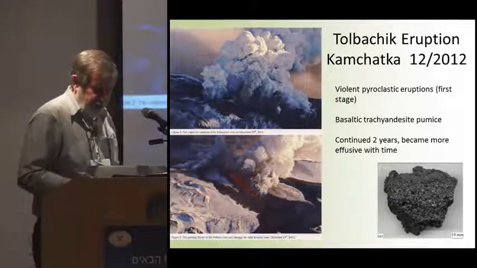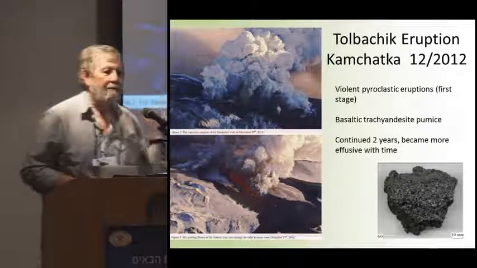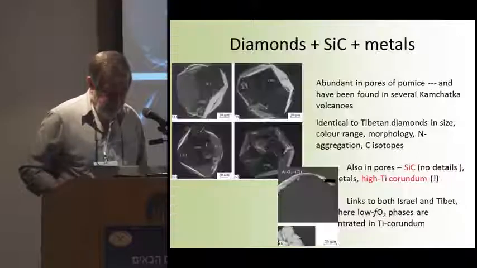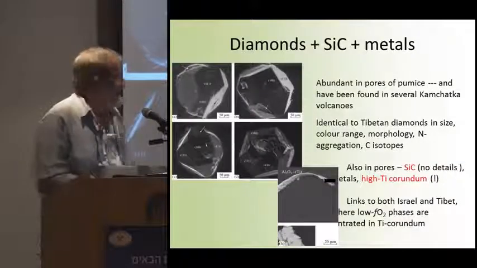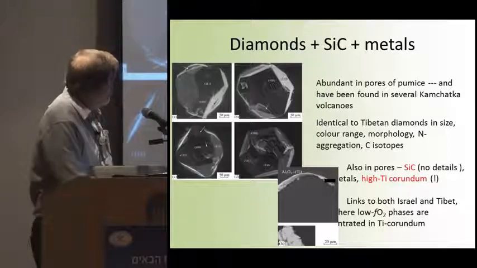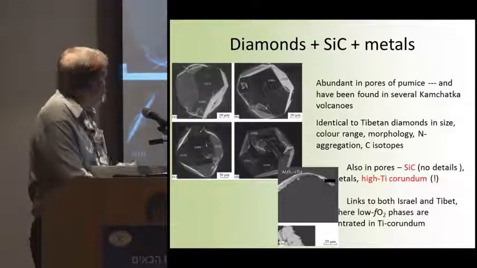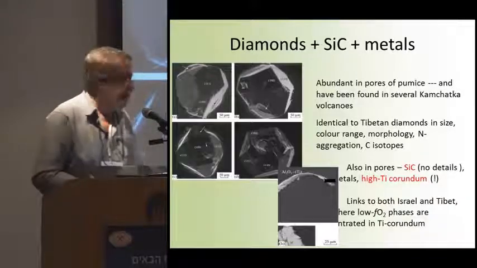But when they went to sample these things, they found that when they pick up a piece of pumice, it glitters at them. And the reason it glitters at them is because they're full of diamonds. And these diamonds are, as you can see, about 250 microns across. Very similar to the ones in Tibet in every way.